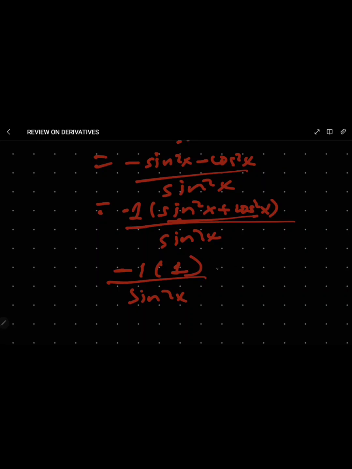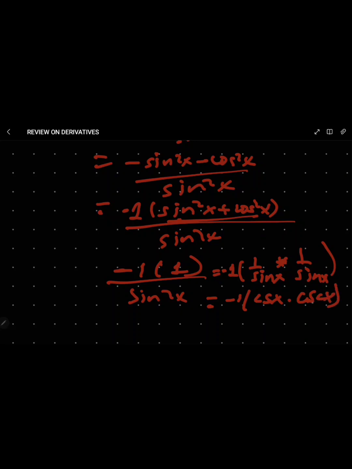So this is minus 1 times 1 over sine x times 1 over sine x. How much is this one? 1 over sine x is cosec x, yes? So minus 1 times cosec x times cosec x.